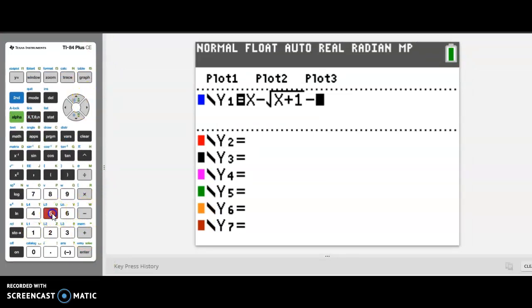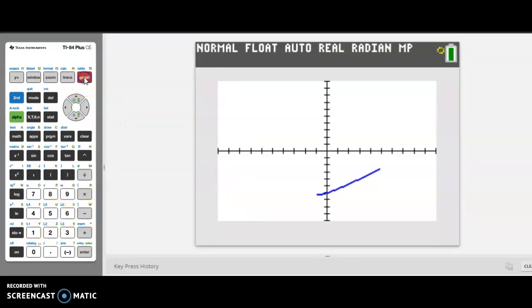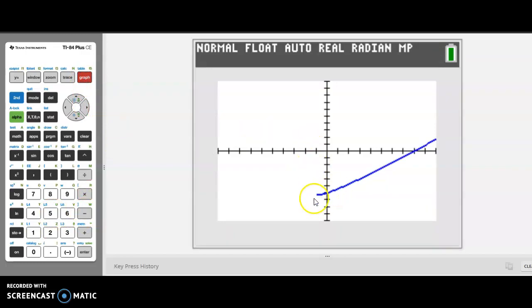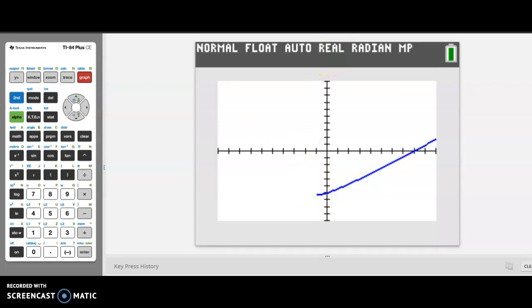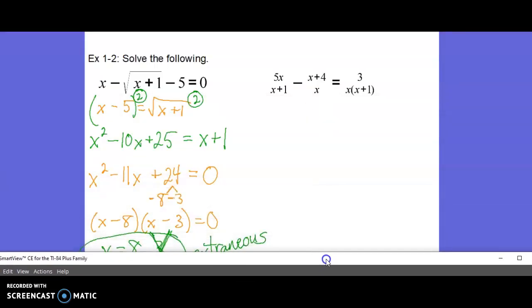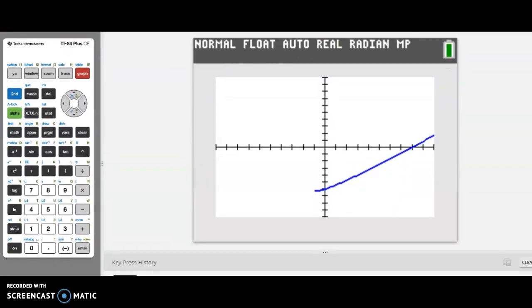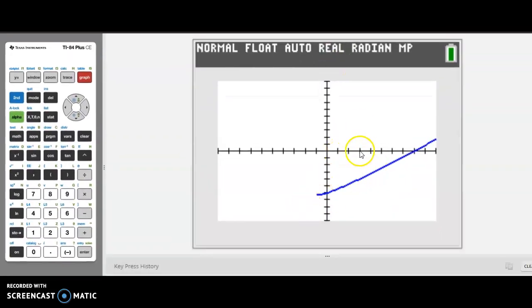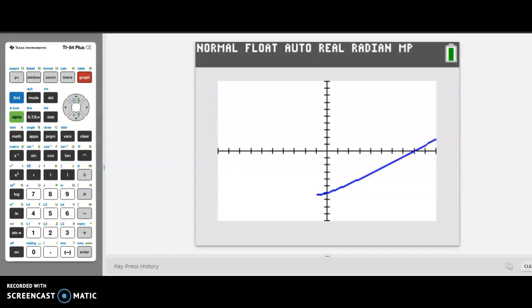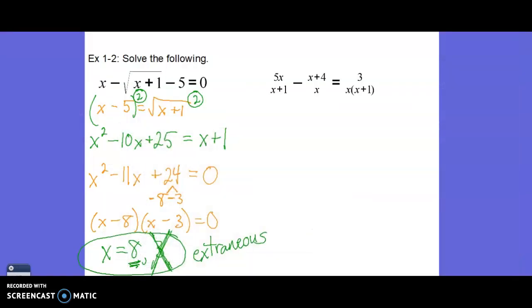If I look at the graph of that, you see how it just stops right here, because if it went backwards, it would have hit at 3, except it's a domain issue. So as we look at the graph, 1, 2, 3, 4, 5, 6, 7, 8, it has a 0 at x equals 8. So that can help you understand why there's only one correct answer, even though algebraically it looked like there should have been 2.